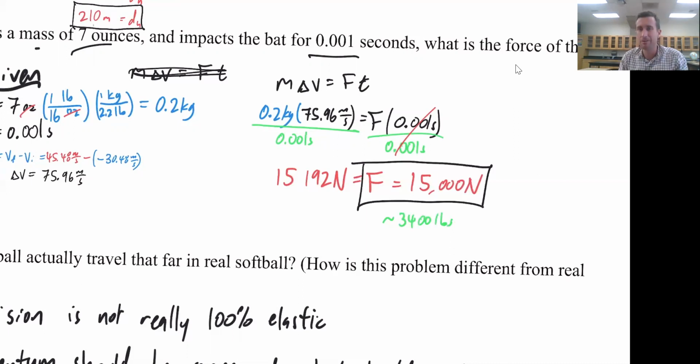Now, that 15,000 newtons seems like a crazy big number, right? But I think the way to compare it would be to say, all right, let's put your knee in place of that ball. Would you rather have your knee hit as hard as the person can swing for a home run and hit you in the knee with that softball bat, which is made of aluminum? Ow, I think it would break your knee. Or what else is 3,400 pounds?